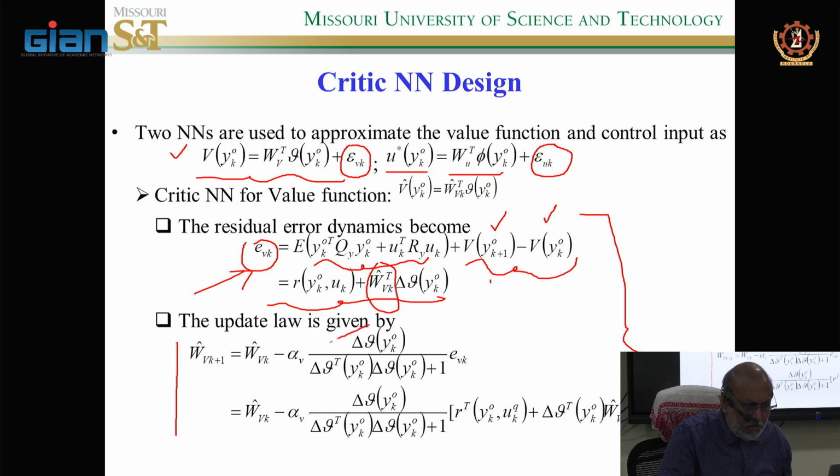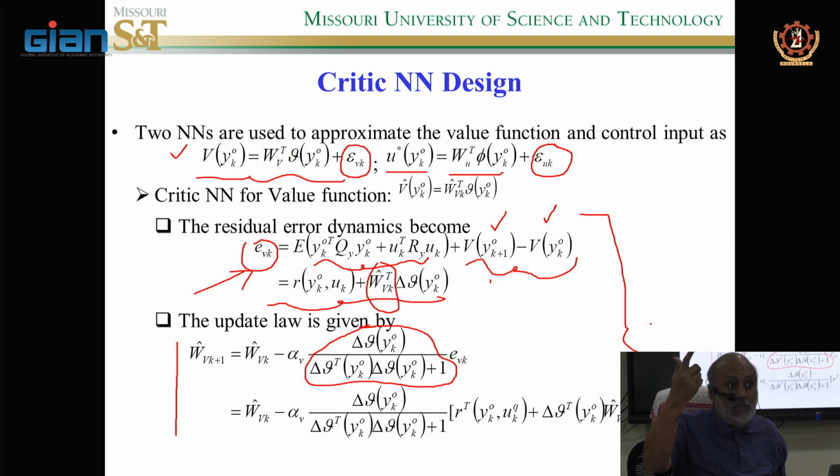Now remember I told you this value is always going to be less than 1. Remember A over A square plus 1. There's a reason we did that. If you've taken a nonlinear control course, there was a proof that shows that this is called a normalized update law, mainly to make sure the convergence and stability work.